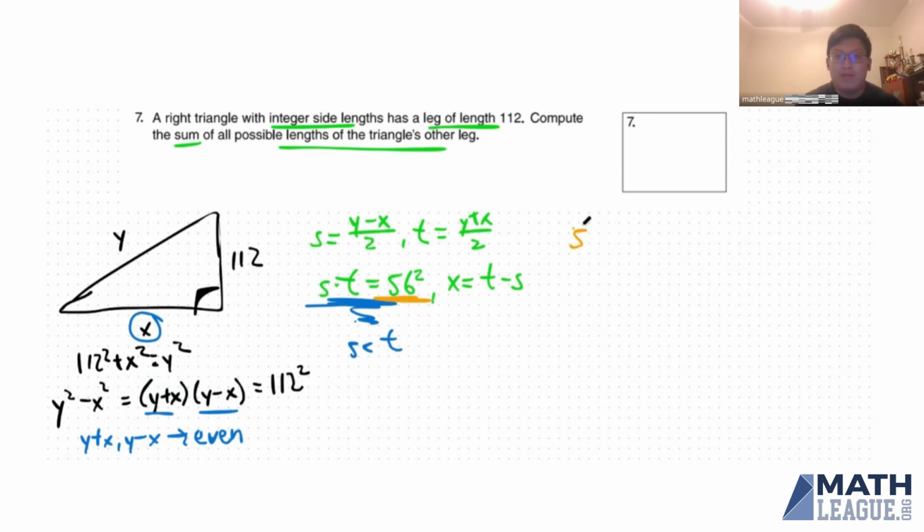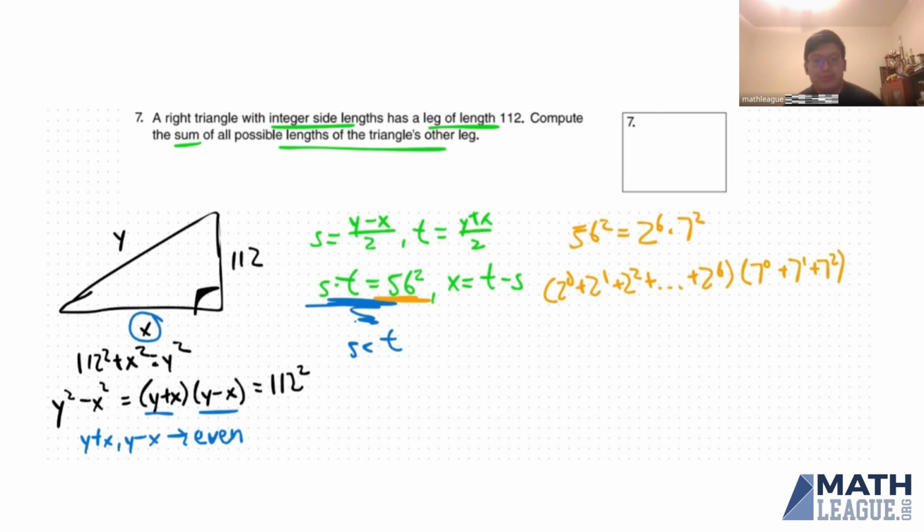We know that 56 squared is equal to 2 to the 6th times 7 squared. So by the formula for the sum of the factors, that'll be (2 to the 0 plus 2 to the 1 plus 2 to the 2, all the way up to 2 to the 6th) times (7 to the 0 plus 7 to the 1 plus 7 to the 2). So that's the sum of all of the factors of 56 squared.